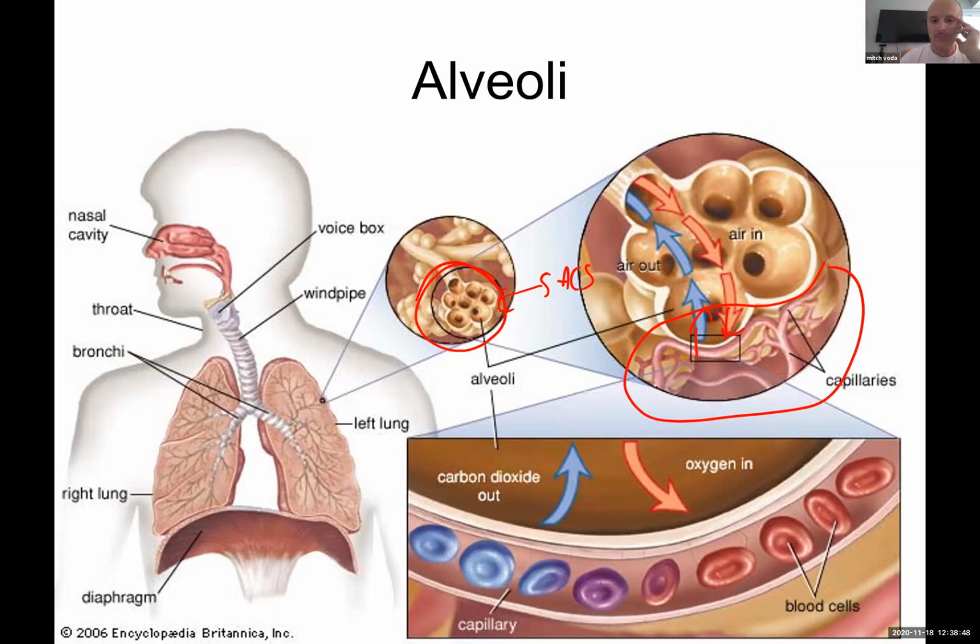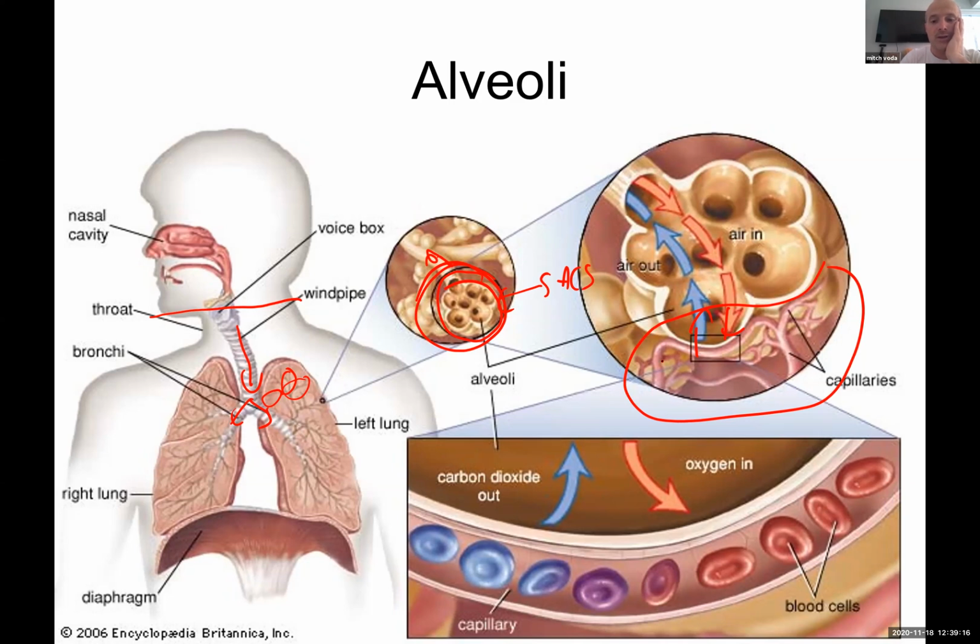So one more time, the lower part is made up of the trachea, followed by the bronchi, then the smaller structures here, which are the bronchioles, these branches right here. And right at the end of these branches, you have these air sacs, which are called alveoli.